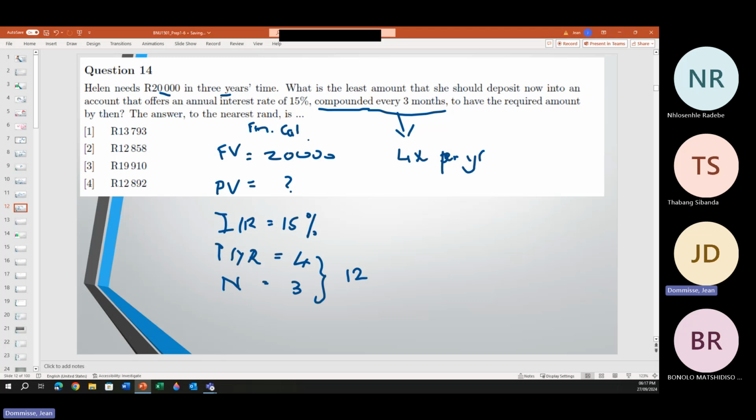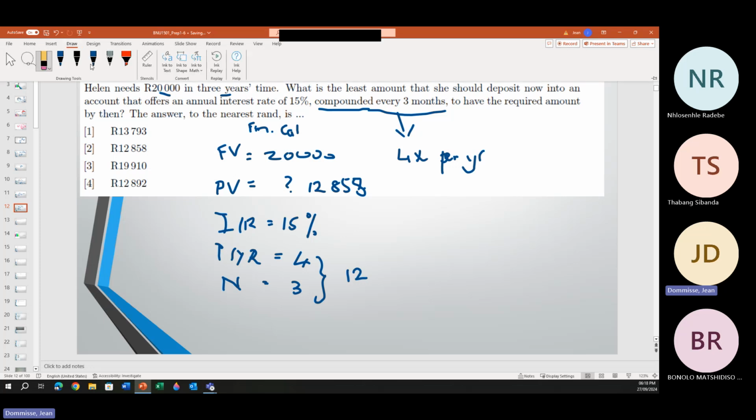I've got the interest rate of 15%, 4 times per year for 3 years, which is 12 periods. And my present value will then be 12,857.98. So we can just round it off to 12,858. So that is option 2.